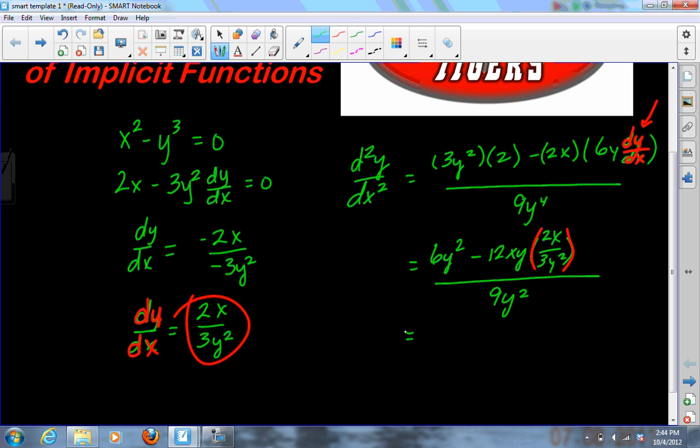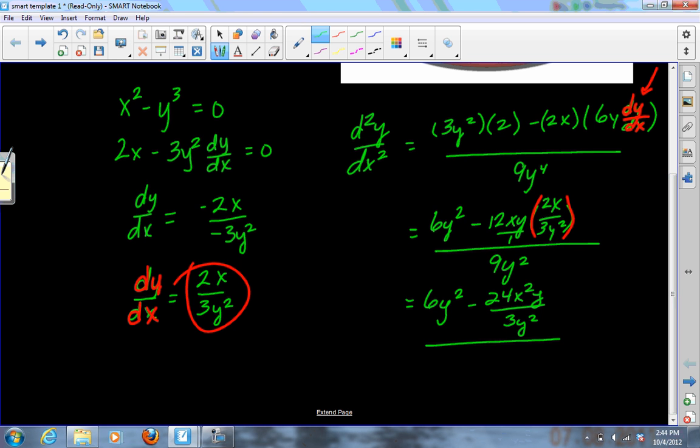Just keep cleaning this up. So 6y squared minus tops times tops, bottoms times bottoms would be 24x squared y over 3y squared, all over 9y squared.